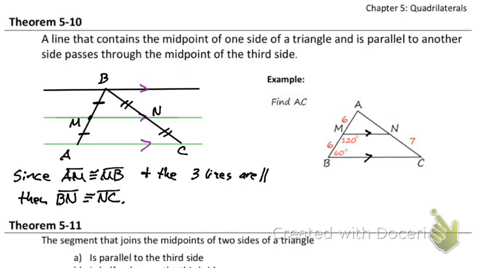We would be given something like M is a midpoint, or we can figure out that M is a midpoint. We'd also be given that they're parallel. If we're not given they're parallel, then we're kind of out of luck, if you will. So we know this is parallel because 120 and 60 are same side interior.